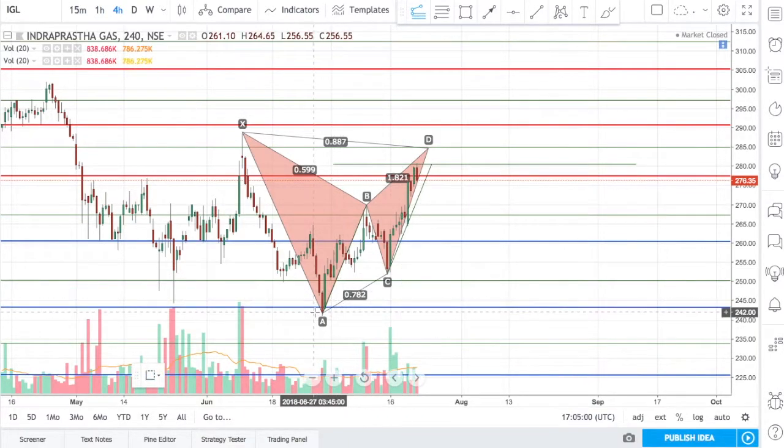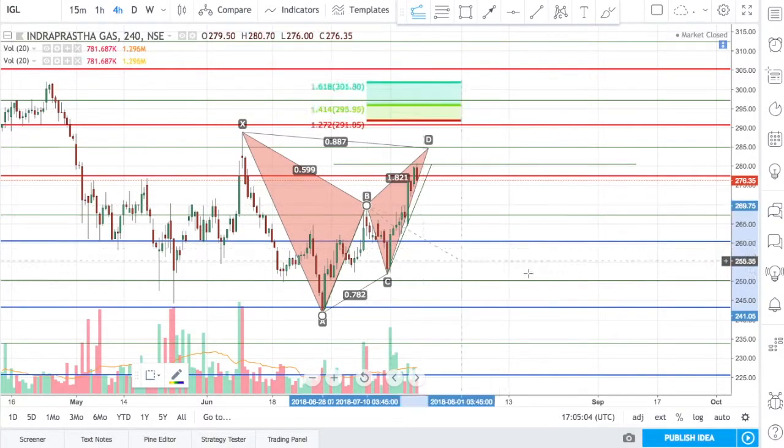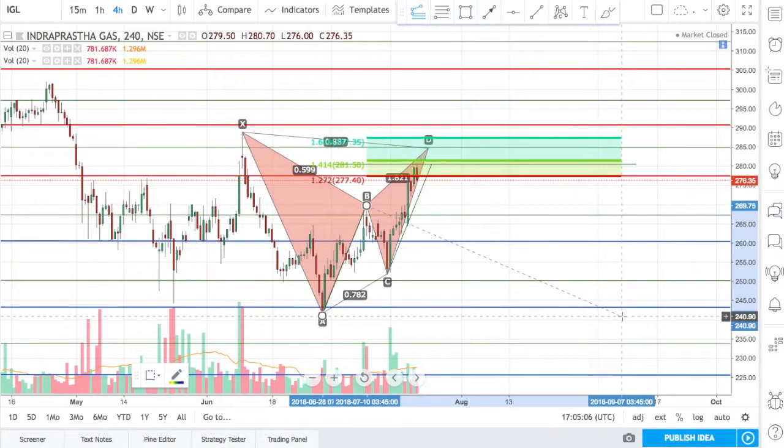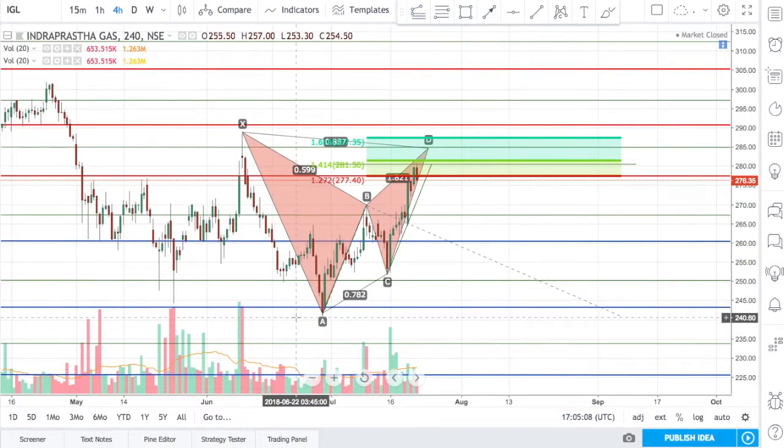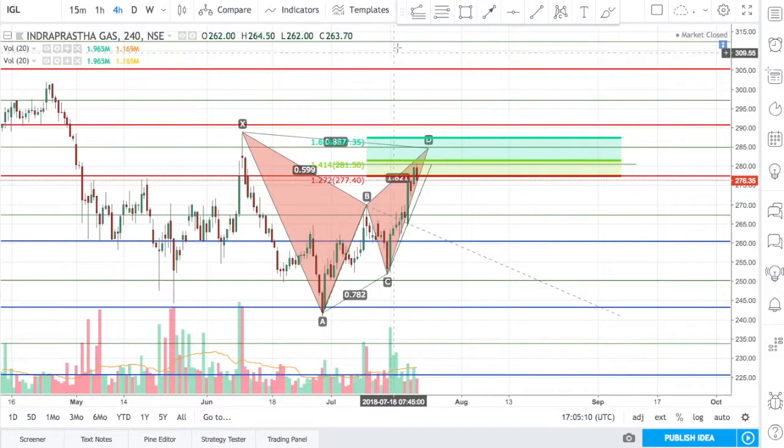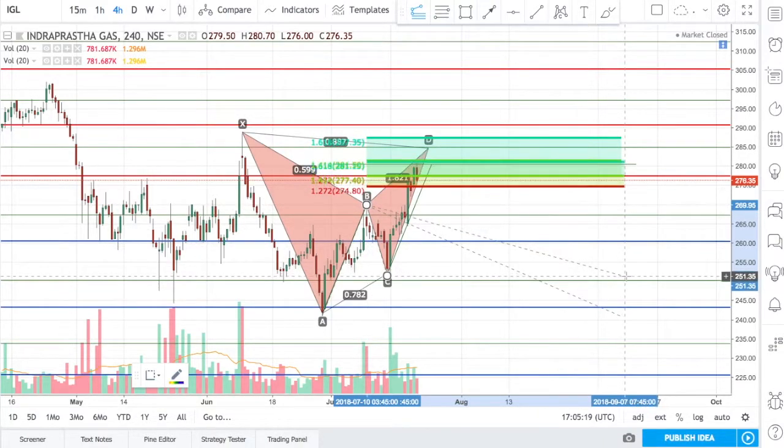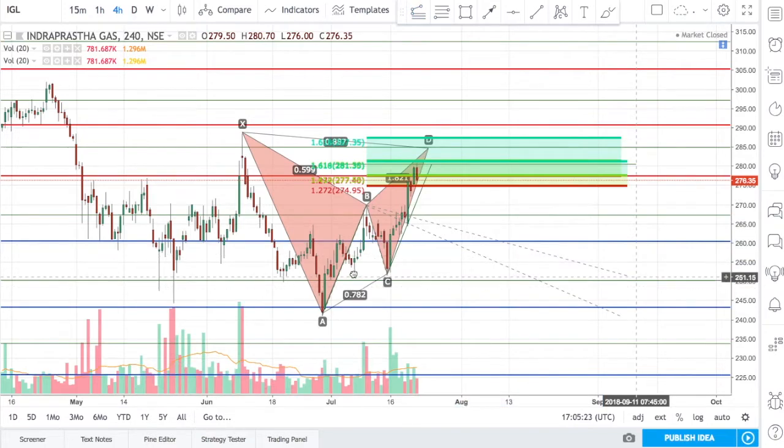Let's see if we can have any fib confluence. And from this point to this point, back into this point.